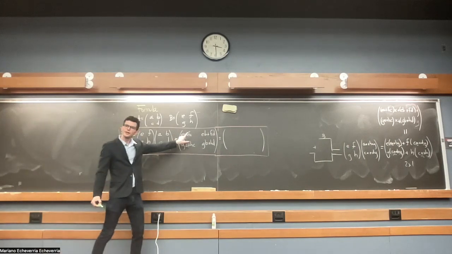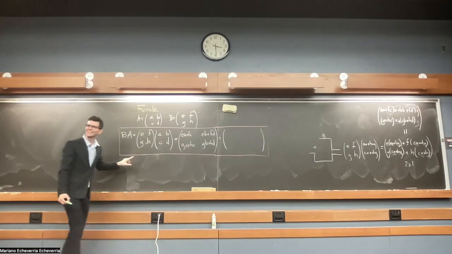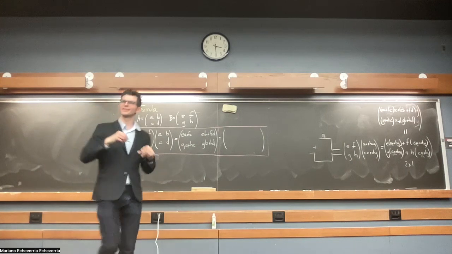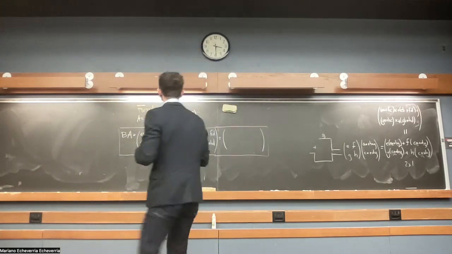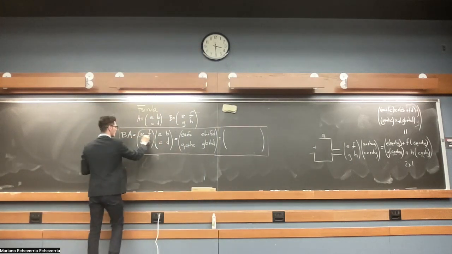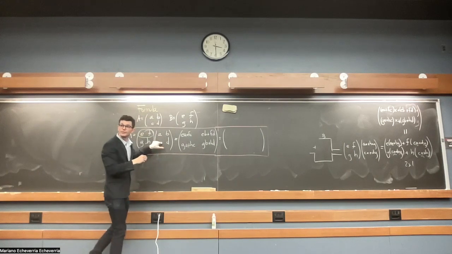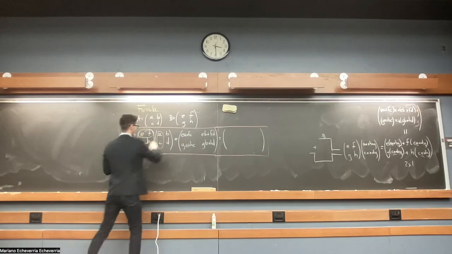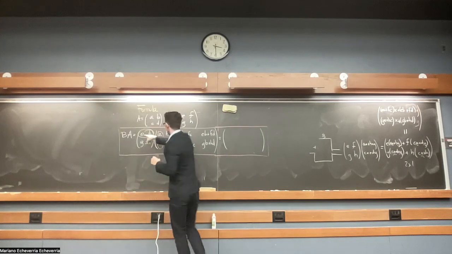Can anyone think of this first entry as a dot product? Is there a dot product hidden in here? Can anyone identify a dot product? Right, if I take the first row of this matrix and dot it with the first column of this matrix, what do you get?